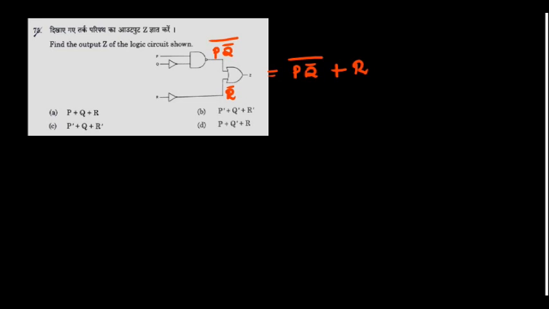You can just write complement like this instead of bar. If you write this with De Morgan's theorem, what are we going to get? P bar or Q or R complement. So the answer is P complement or Q or R complement. That is the answer.